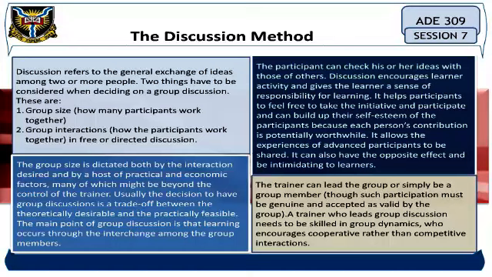The trainer can lead the group or simply be a group member, though such participation must be genuine and accepted as valid by the group. A trainer who leads group discussion needs to be skilled in group dynamics, and encourage cooperative rather than competitive interactions.